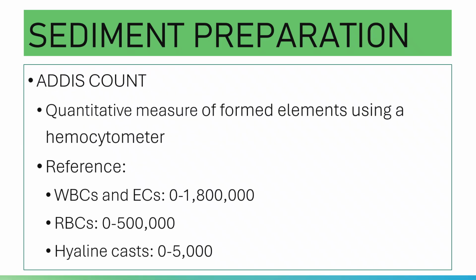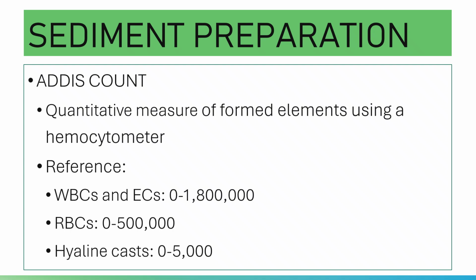That is for your sediment preparation. I already added here your Addis count. The Addis count is a quantitative measure of formed elements using a hemocytometer. It was invented by Thomas Addis, but it is not performed nowadays.